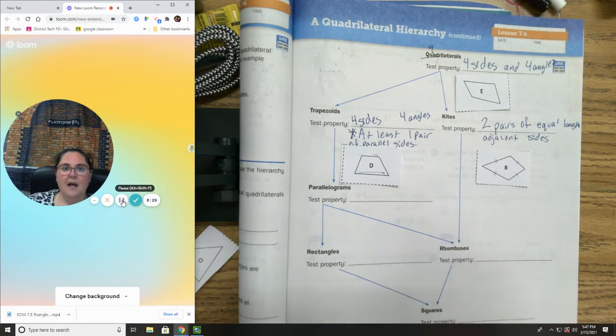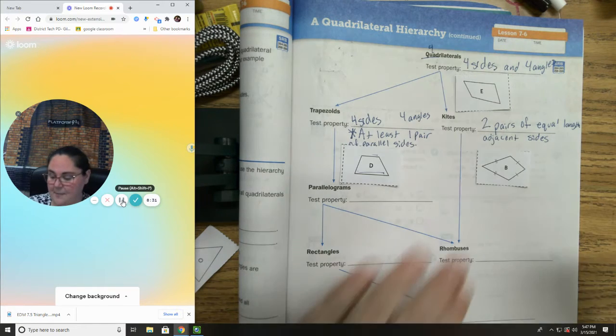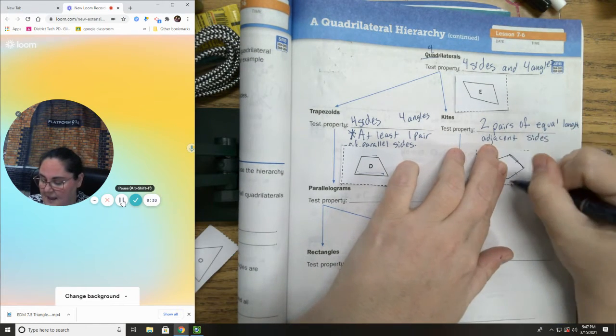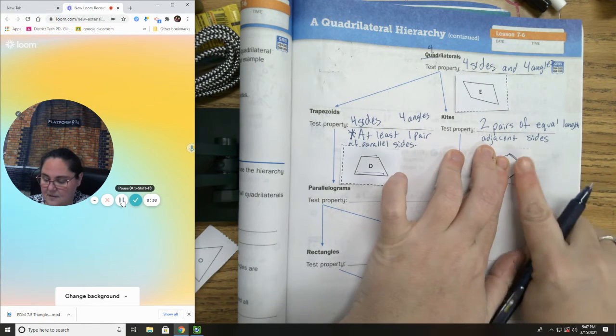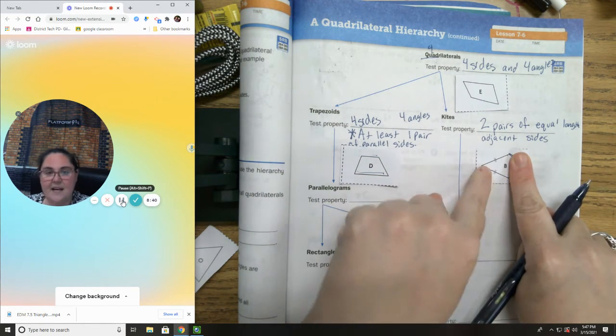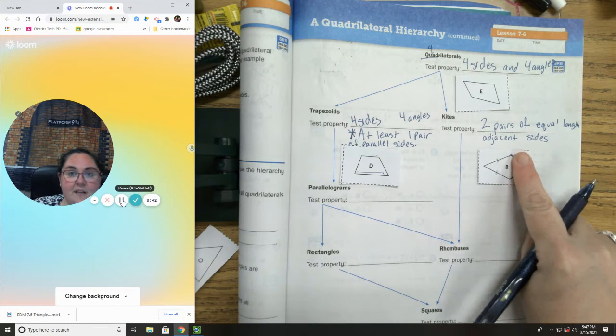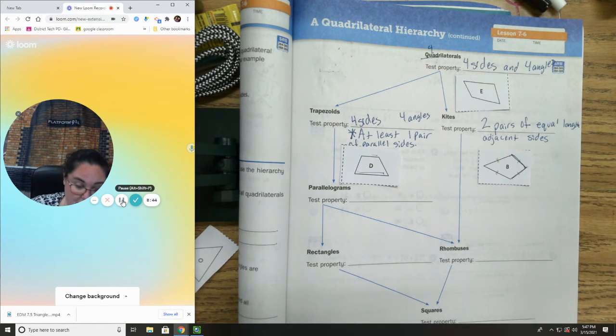Adjacent means they touch. That means this side and this side touch each other and they are the same length. This side and this side touch each other and are the same length. So B is a kite. Okay.